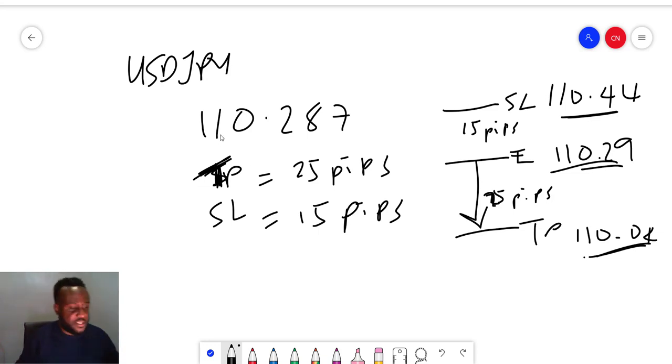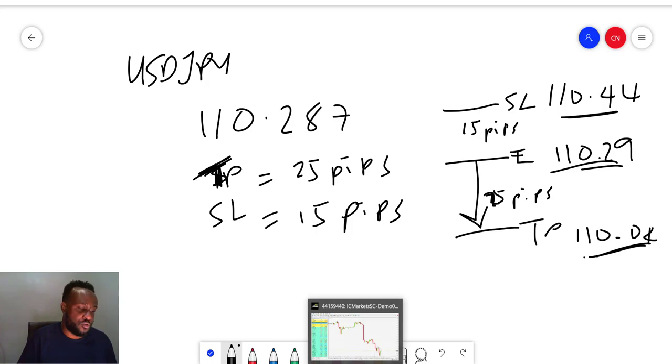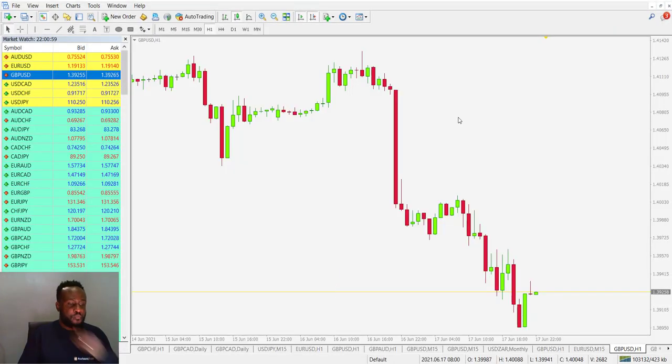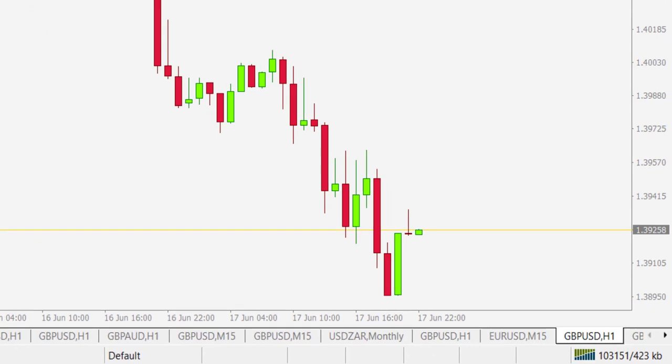So calculating it, you need to understand this. Now quickly, in the next 1 minute or so, I'll show you an easy way to also do that. So let's say I decide now that I want to sell based on this reversal pattern here.